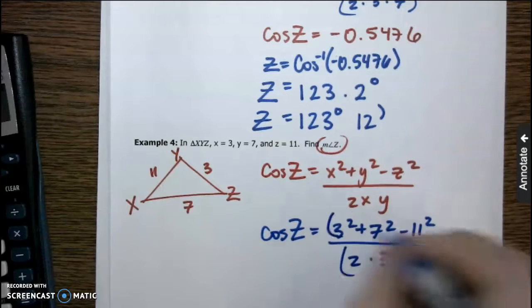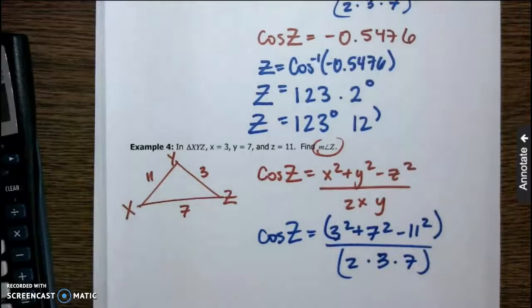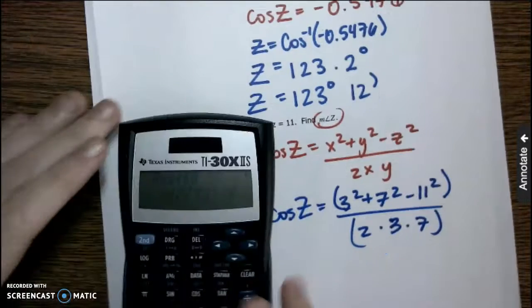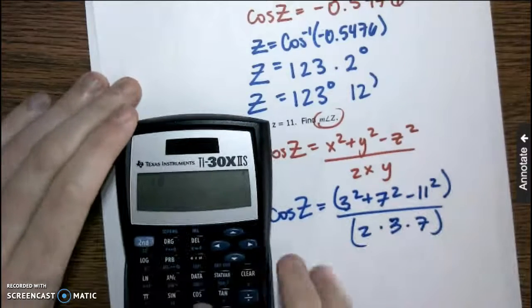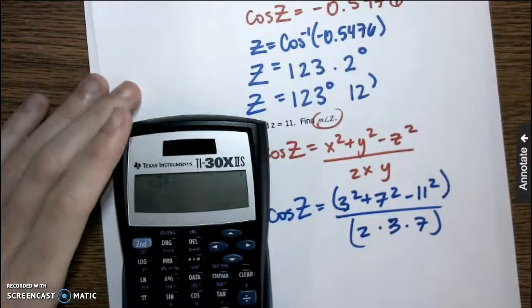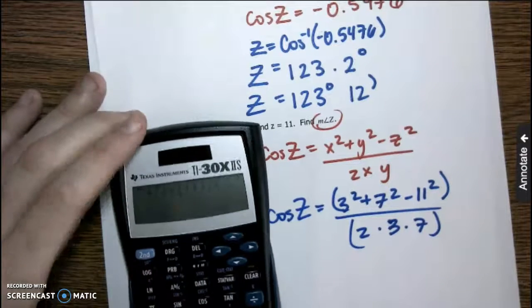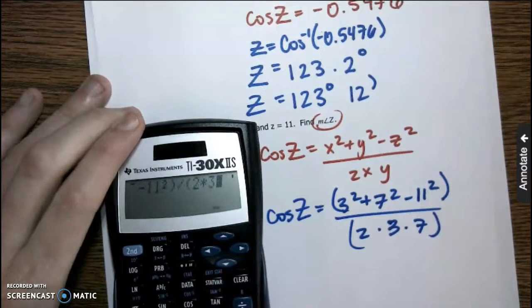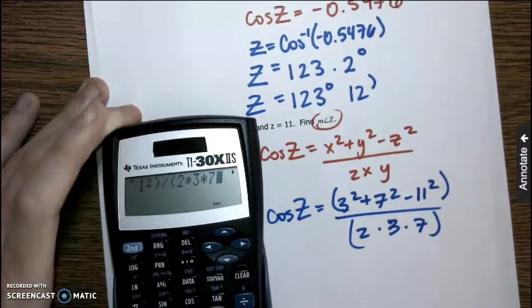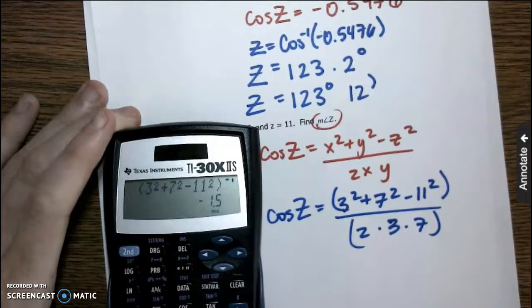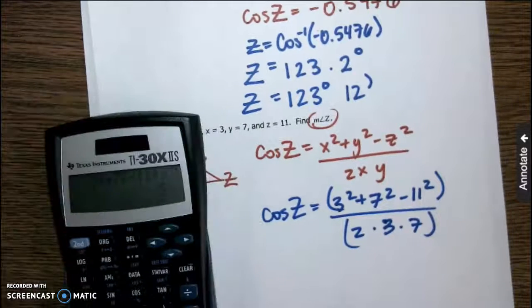Put parentheses around the numerator and around the denominator. Let's type it in. Parentheses 3 squared plus 7 squared minus 11 squared, close parentheses, divided by, open parentheses, 2 times 3 times 7, close the parentheses, hit equals, we get negative 1.5.